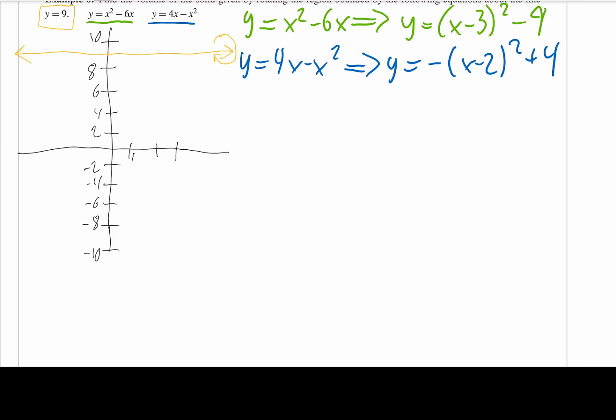And I'm not going to go by 2's on this one, so it's just going to make the scaling really weird. So this should be 3, negative 9, so something like that. If I plugged in 2, I would get 8, so it looks something like that. If I plugged in 1, that'd be negative 2 squared, which is 4 minus 9, so negative 5.